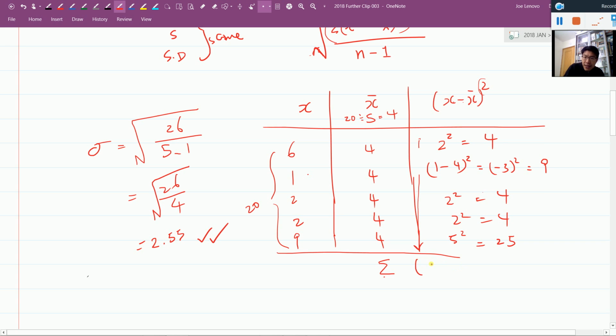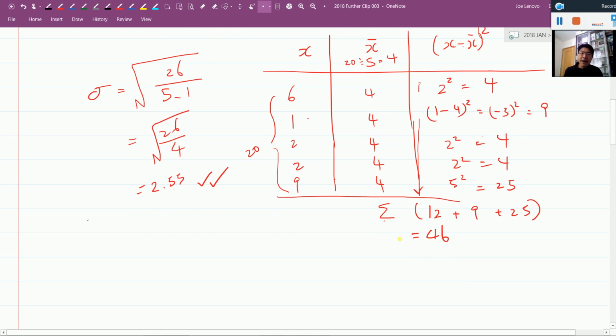Let's add all this here. 4 plus 4 plus 4 equals 12, plus 9 plus 25. 12 plus 9 is 21. 21 plus 25 is 46. So now we've got the answer equals 46. Compared with the one before, where we only had 26, now we have way bigger.